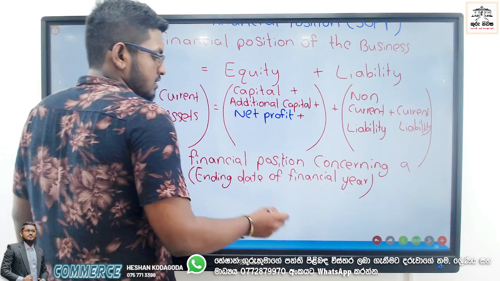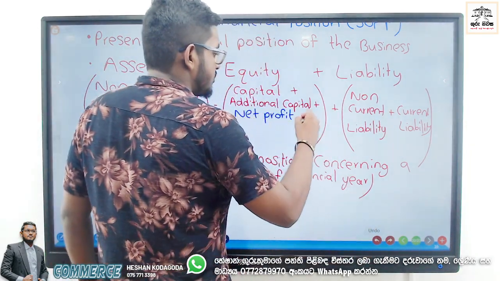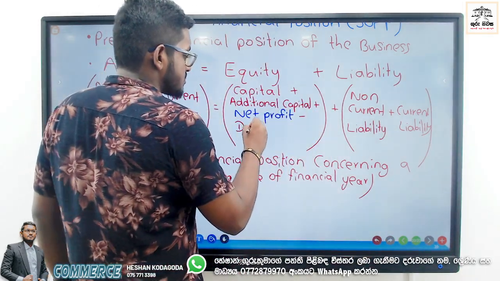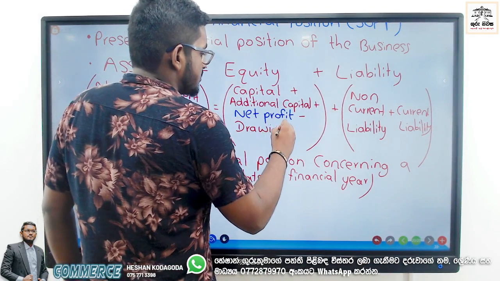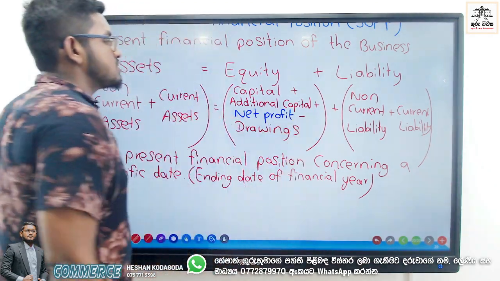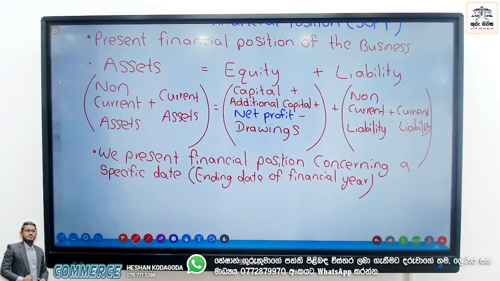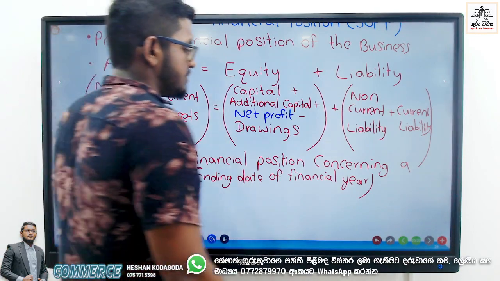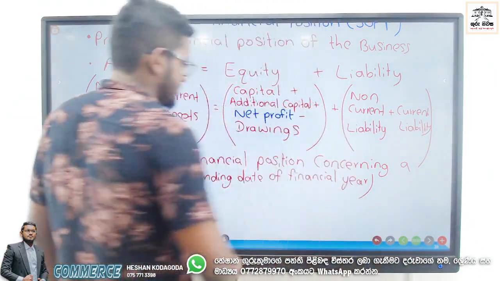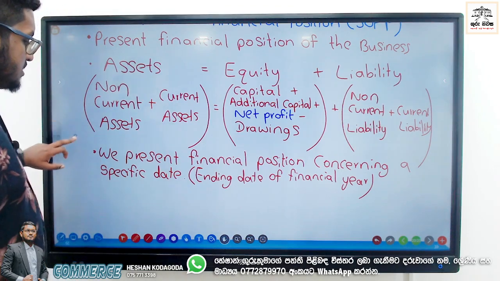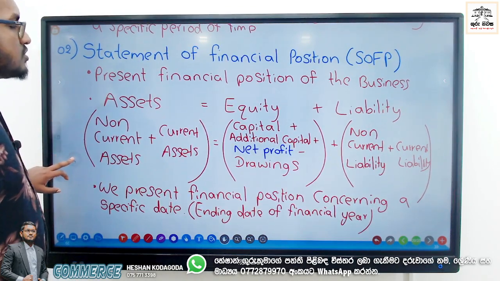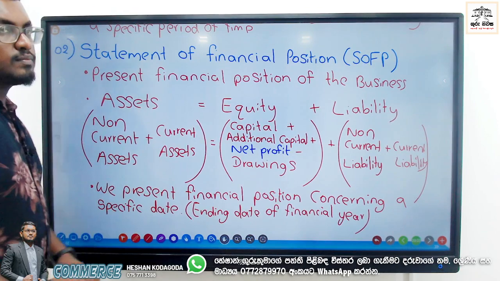Then once we add the net profit, we need to deduct the drawings. Then we can calculate the closing equity of the business. Capital plus additional capital plus net profit minus drawings gives the closing equity. Right? So this is all about the statement of financial position.